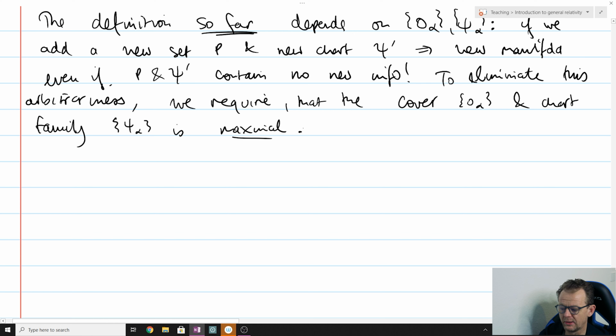It means that if it is possible to add a set O alpha and a chart psi alpha which is compatible with all the pre-existing ones, then you have to add it in.